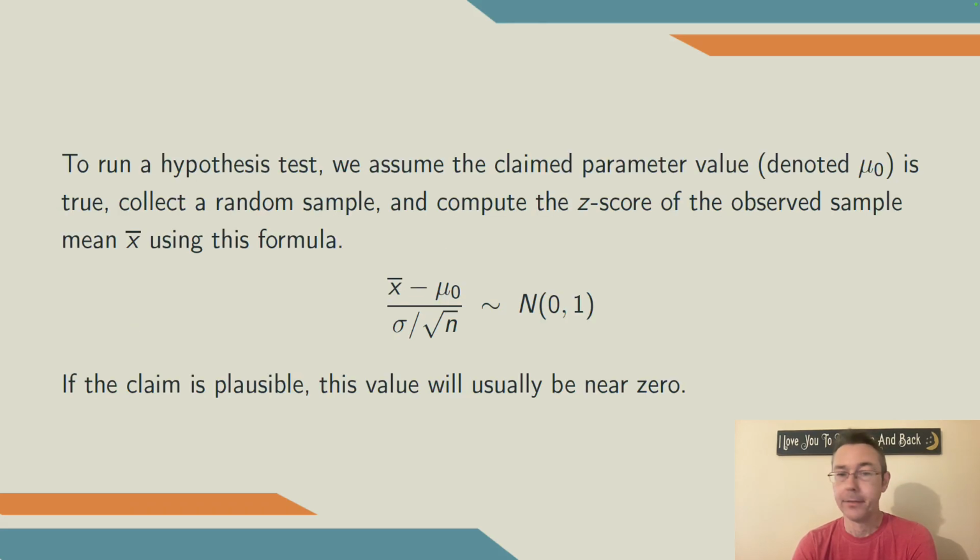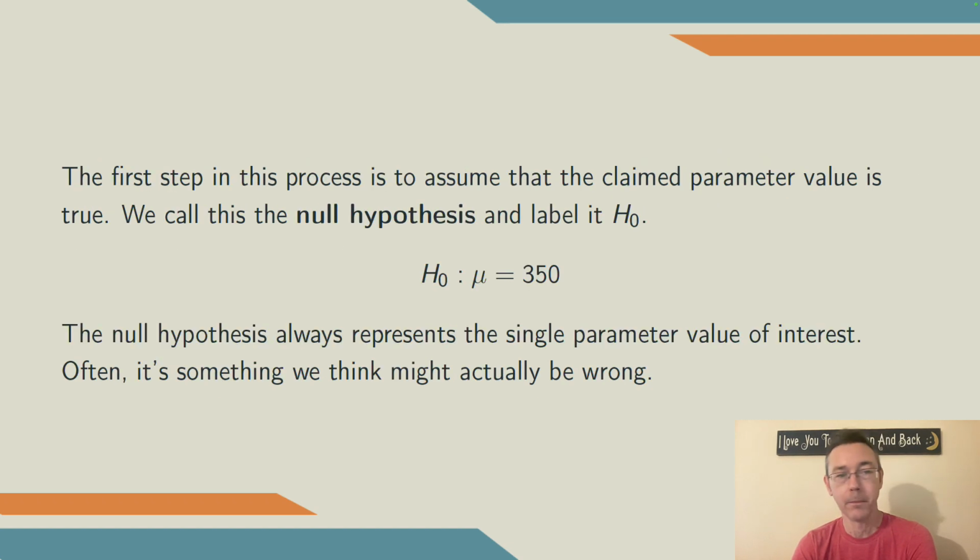So to run a hypothesis test, we assume that the claimed parameter value, which we sometimes denote with mu naught, is true. We go out, we collect a random sample, and compute the z-score of that sample mean that we observe, using this formula that we just saw. If the claim is plausible, then we should get a z-score pretty near 0. And if the claim is implausible, we're going to get a more extreme z-score.